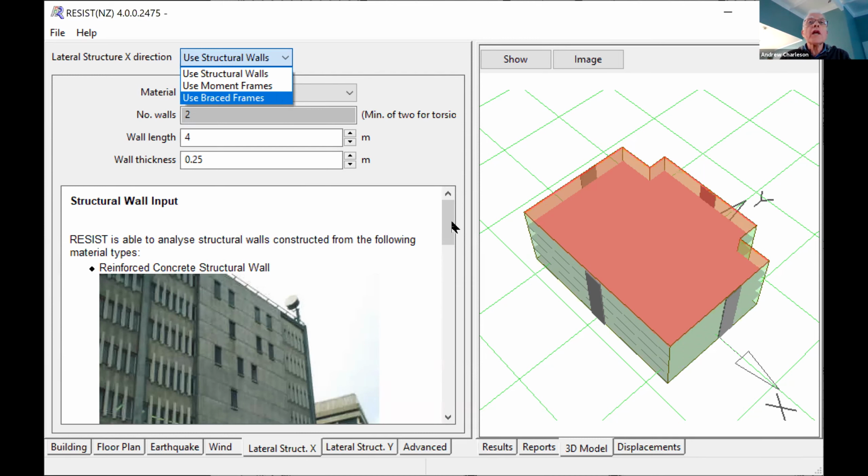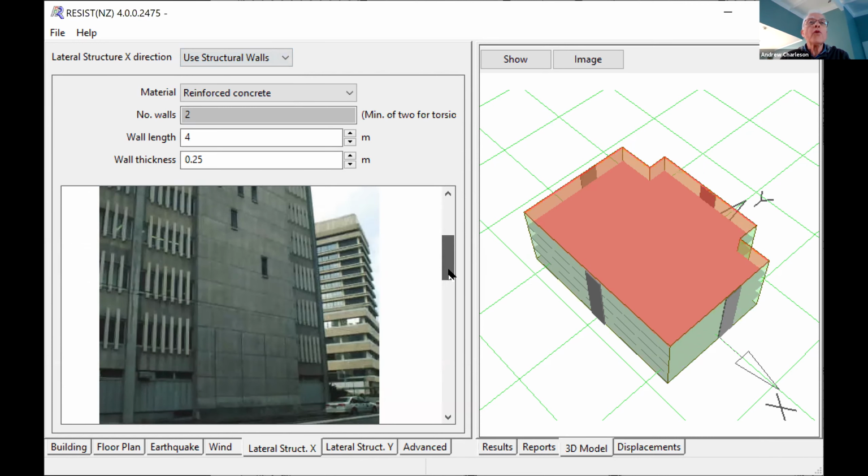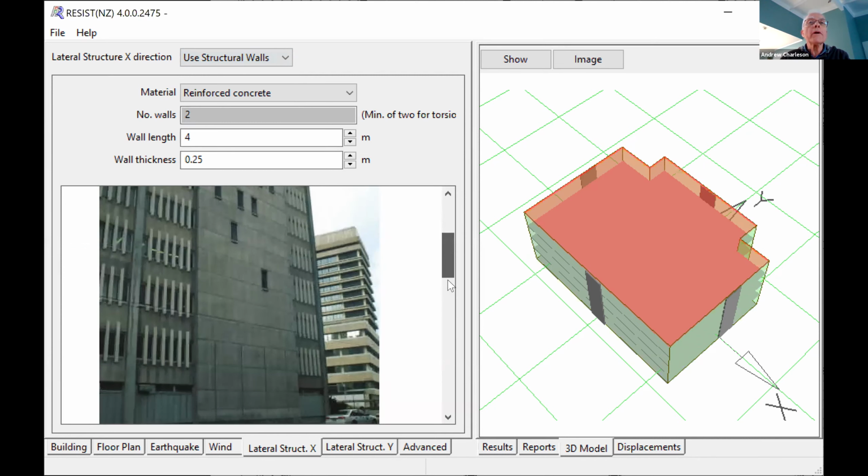This is what a shear wall looks like. It's a pretty boring one with windows at the top.